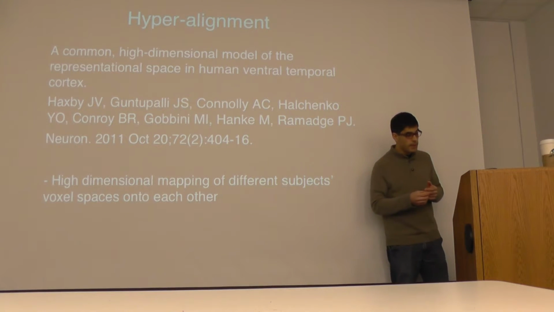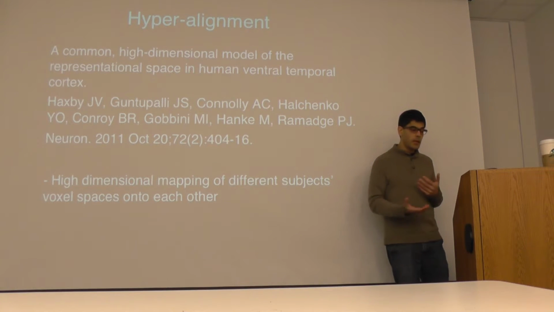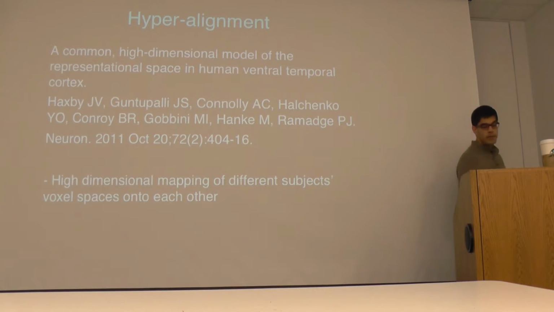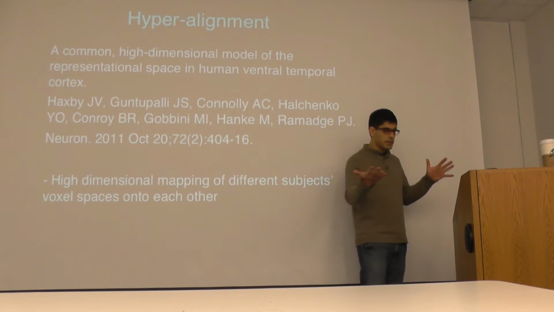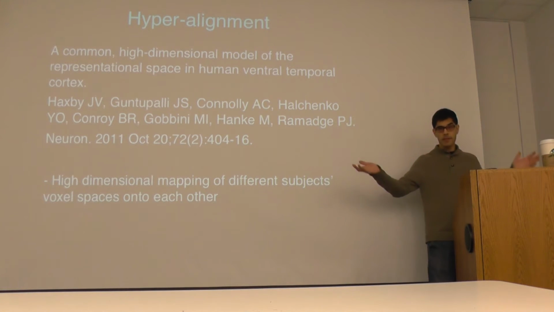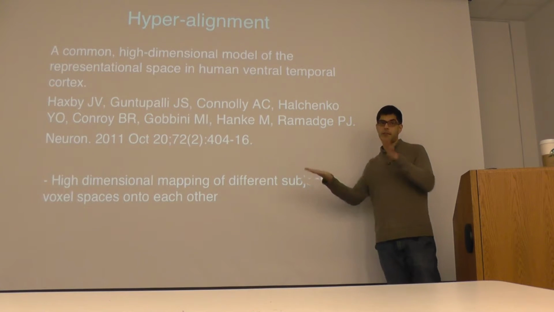So very important work. Recently he's been looking at what's common across different people. They take the voxel activation pattern in one subject and in another subject, which is very high dimensional, thousands of voxels, and try to find some kind of high dimensional mapping of one to another. That's what they call hyperalignment.